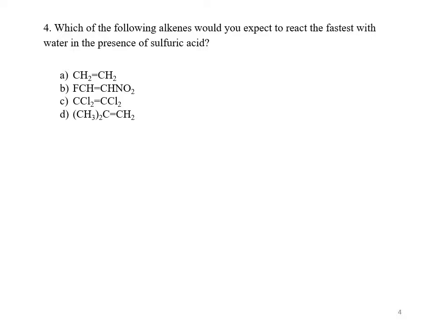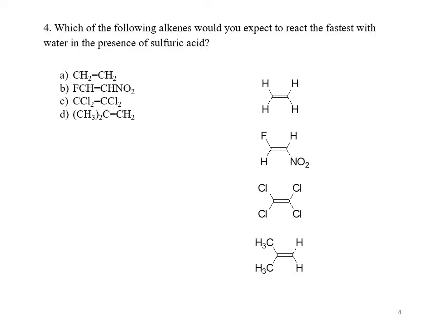Next question, which of the following alkenes would you expect to react the fastest with water in the presence of sulfuric acid? And those are 4 alkenes. Here are structural formulas. So first one, ethene, has no substituents, so it has default reactivity.